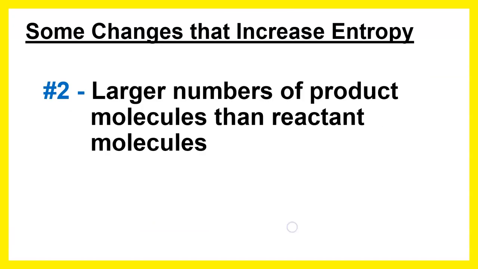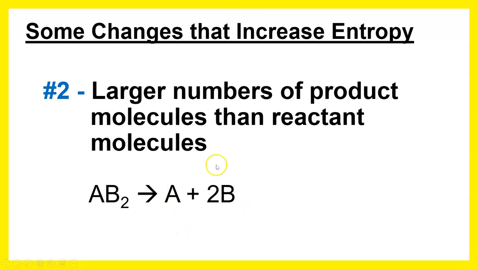Another example would be having more product molecules than reactant molecules. For example, look at this decomposition reaction. We started with one thing and we ended up with 3 separate particles and 2 different types of particles, right?